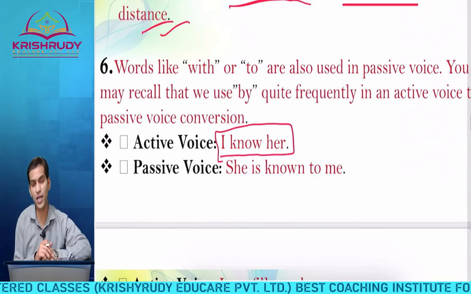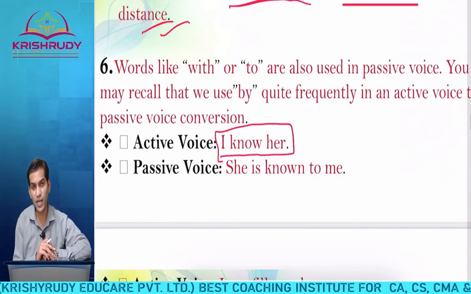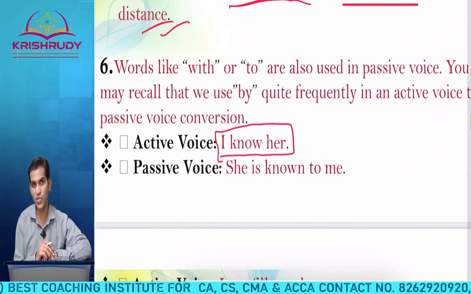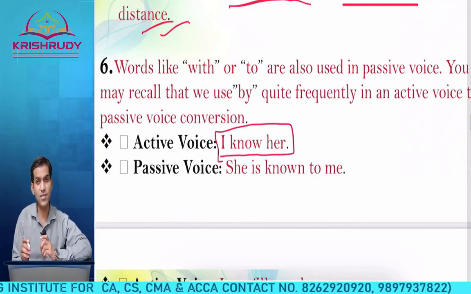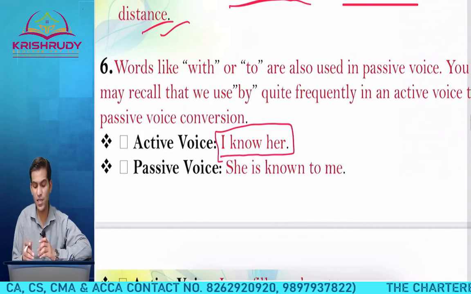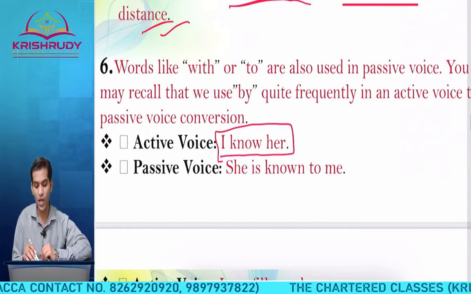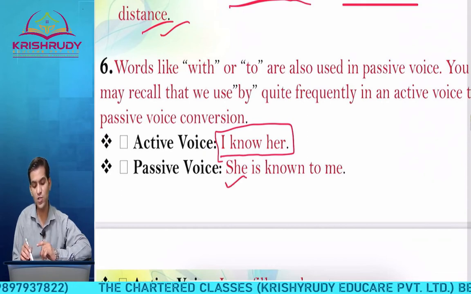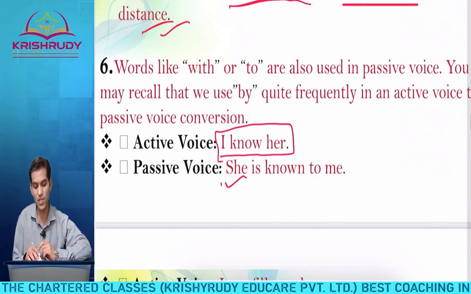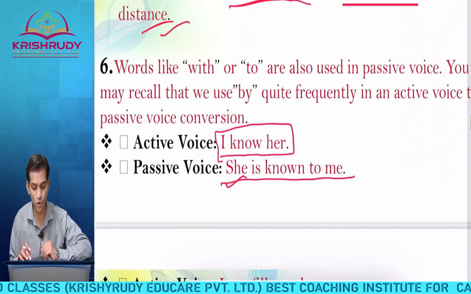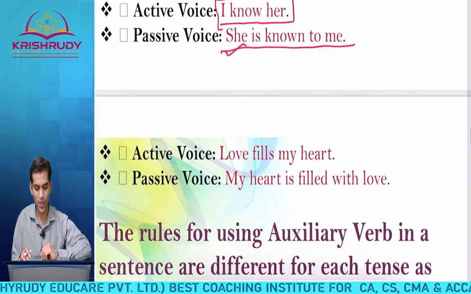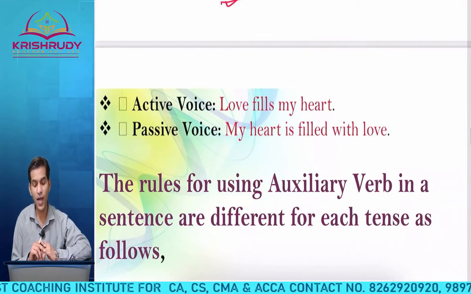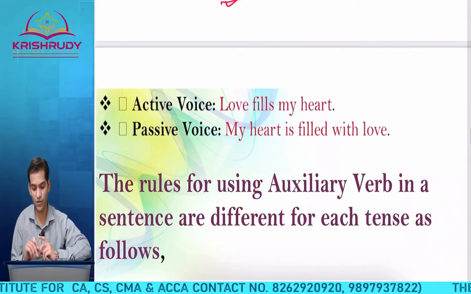There is a trick, but while attempting these questions you must remember these rules. In the example here, "I know her," "her" is changed again into "she," and "is known to me," right? This is the passive voice: "She is known to me." Again, active voice: "Love fills my heart." "My heart is filled with love."